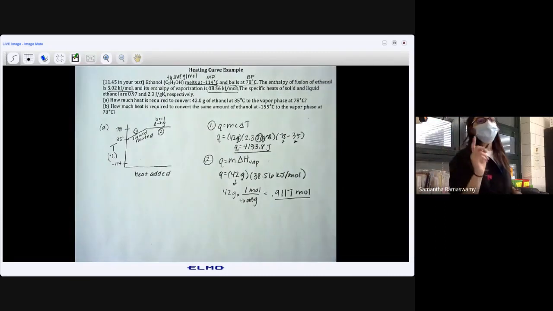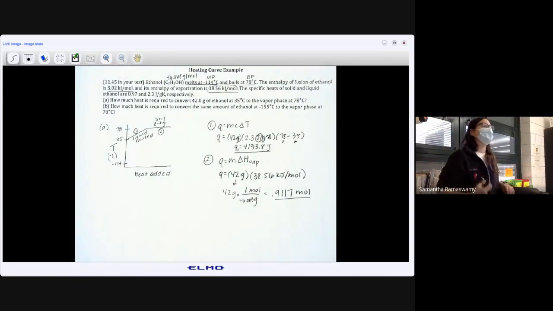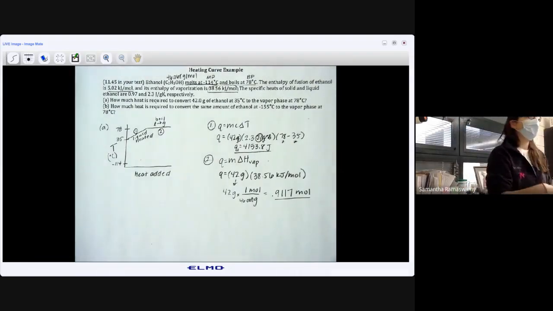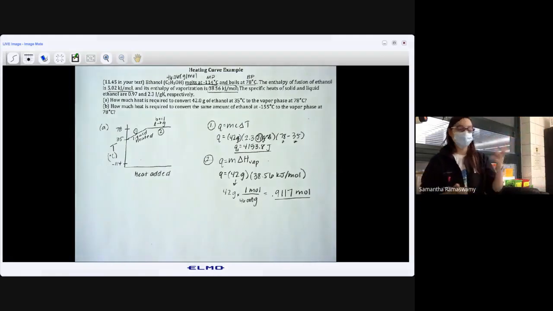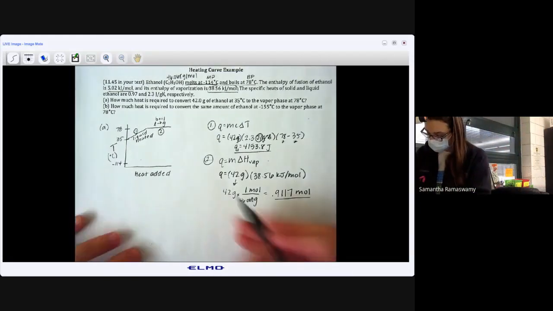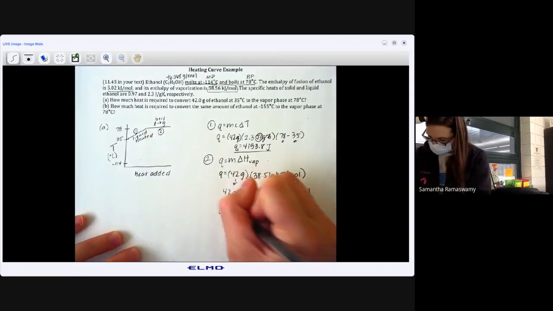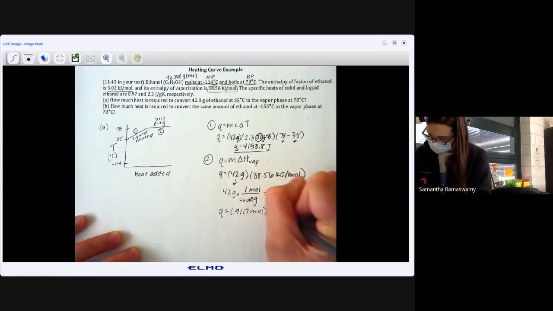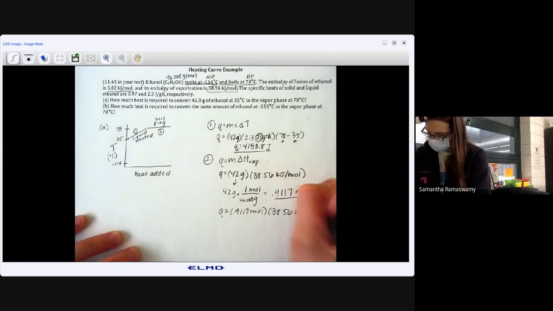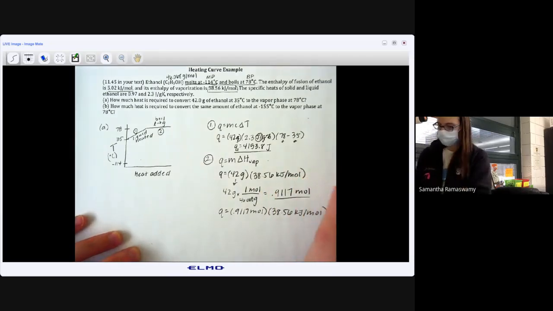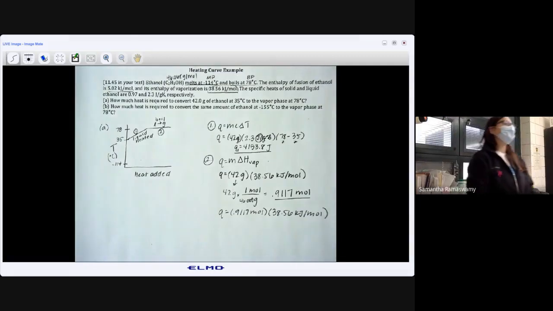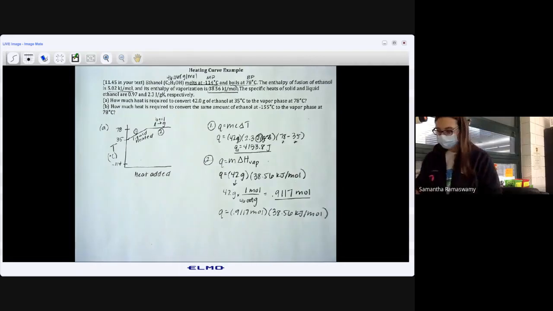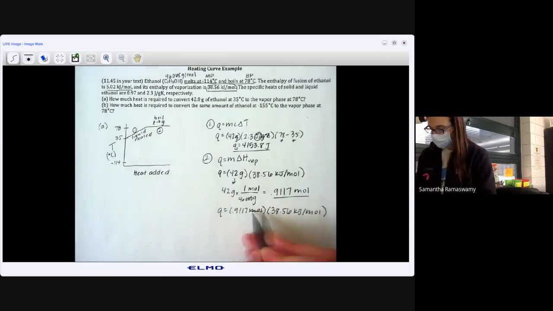So again, the reason that I did this is because look at your units for heat of vaporization. It's kilojoules per mole of ethanol. And we have grams of ethanol given to us. So what this is actually going to look like: 0.9117 moles times 38.56 kilojoules per mole. Now my units will work, because now moles and per mole cancel.